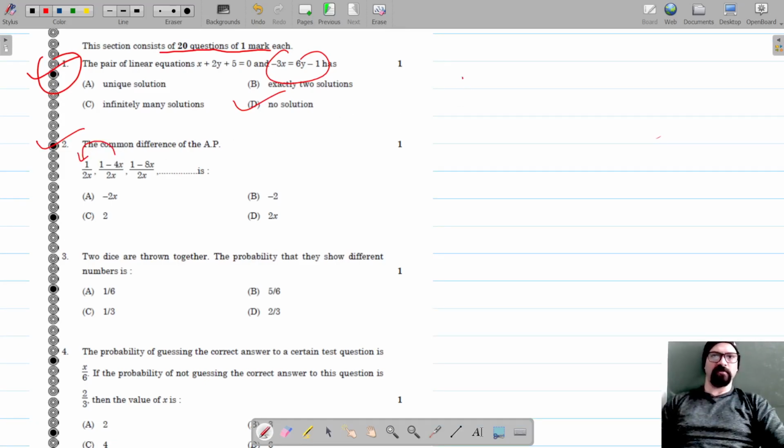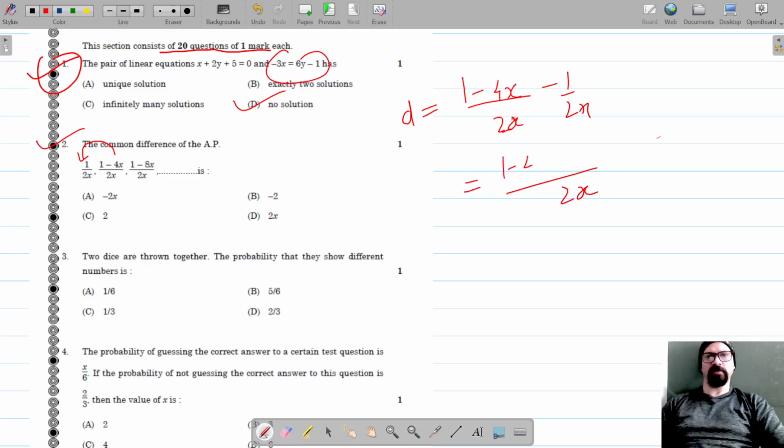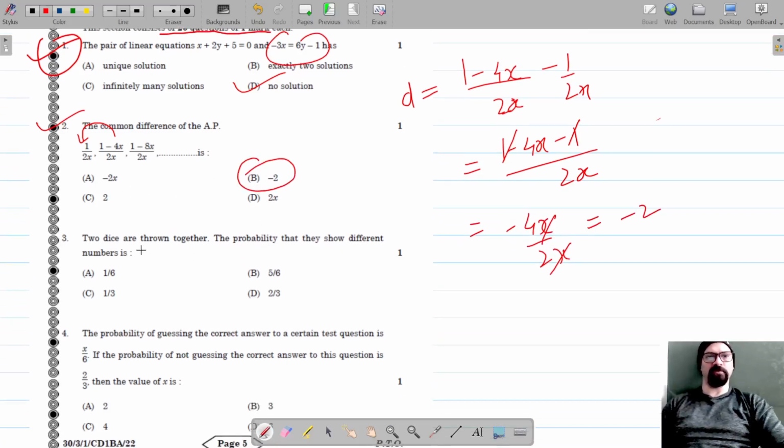So let's subtract 1 minus 4x minus 2x, that is the second term from the first term. This is equal to D, the common difference. If I take the LCM, this is 1 minus 4x minus 1, the 1s get cancelled. This is minus 4x by 2x, x gets cancelled, and this is minus 2. So minus 2 is the common difference.